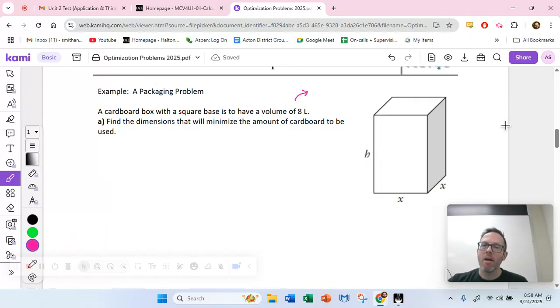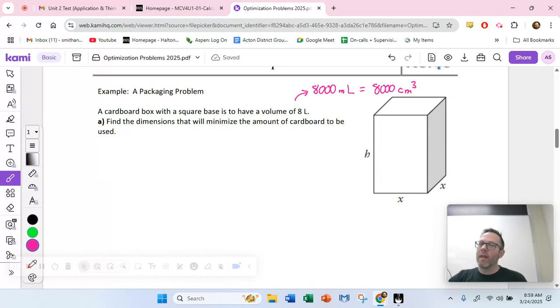Now, of course, everybody knows their metric conversions. 8 liters is 8,000 milliliters, and everybody knows how many centimeters cubed are in a milliliter. Do you guys know? 1 milliliter is exactly 1 centimeter cubed.